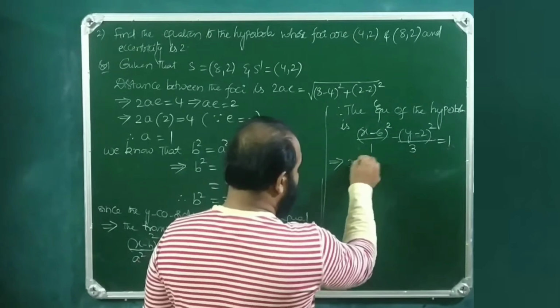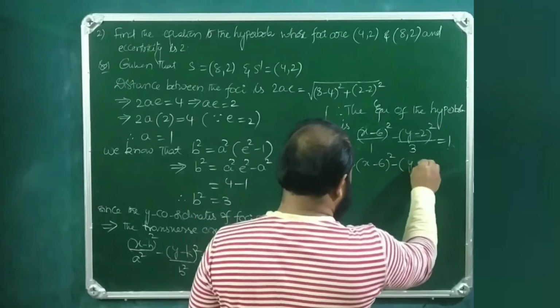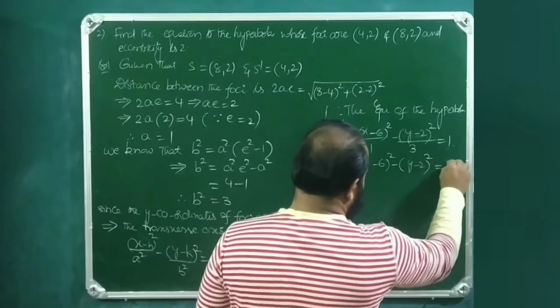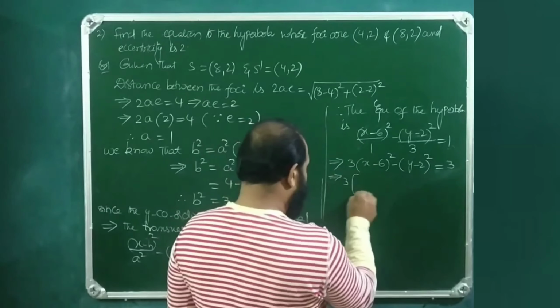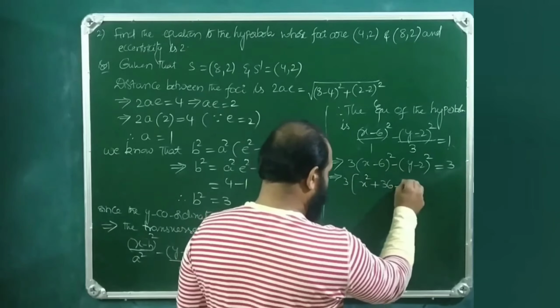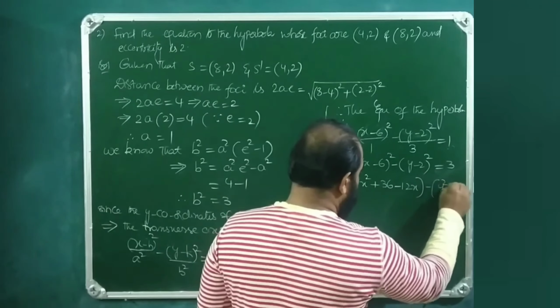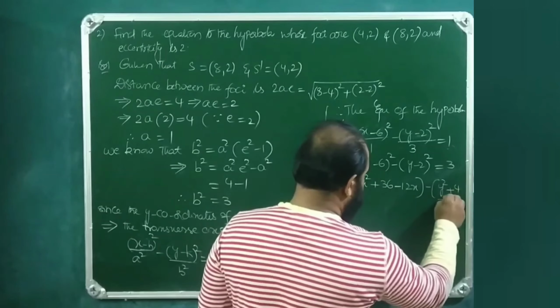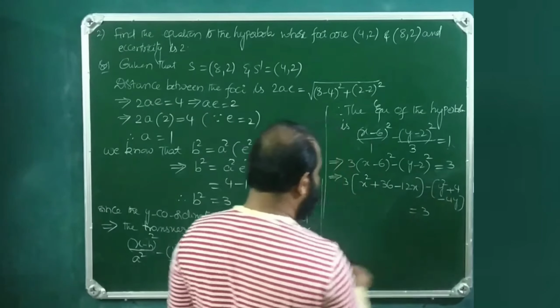So the LCM is 3 into x minus 6 whole square minus y minus 2 whole square equals 3. So this is 3 into x square, 6 sixes are 36, minus 12x, minus of y square, 2 square 4 minus 4y equals 3.